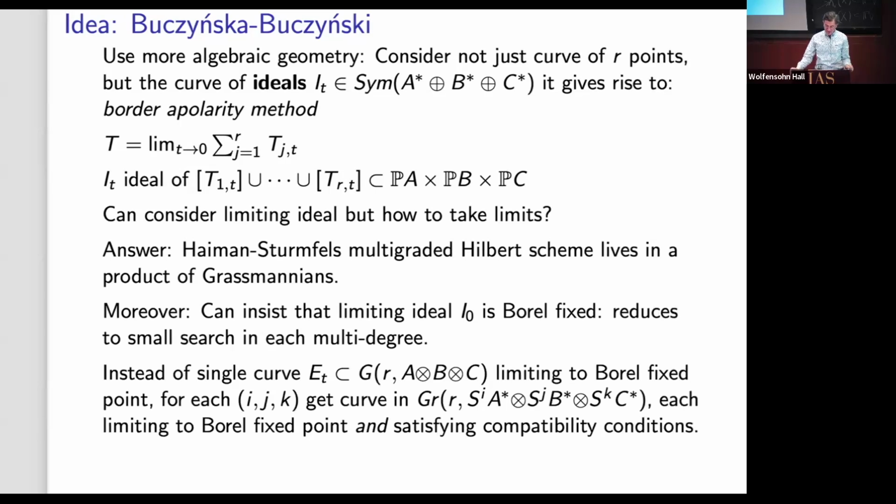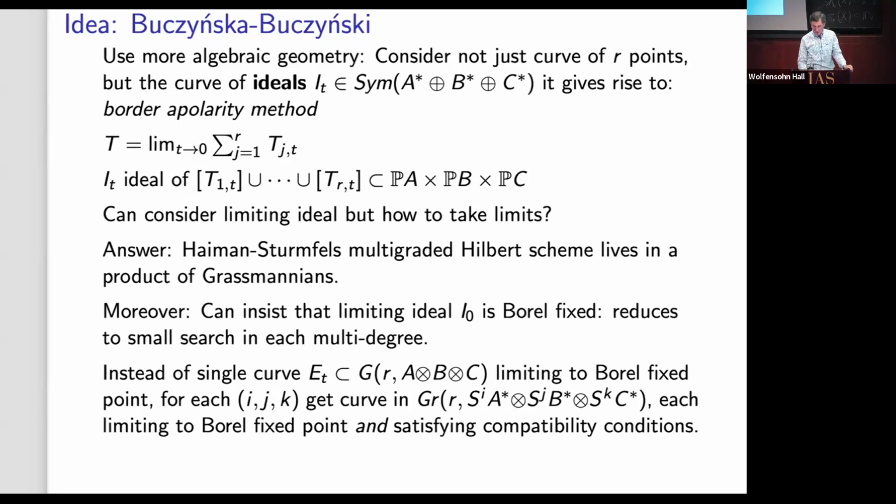Yeah, so this is what I was saying. For each i, j, k, we have a curve in a Grassmannian, going up to the regularity. And all these things have to satisfy all kinds of compatibility conditions. It still has to be an ideal. In other words, you multiply a polynomial in the ideal by another polynomial, you had better stay in the ideal. Yet notice that we fixed the Hilbert function to be constant equal to R after the trivial range.